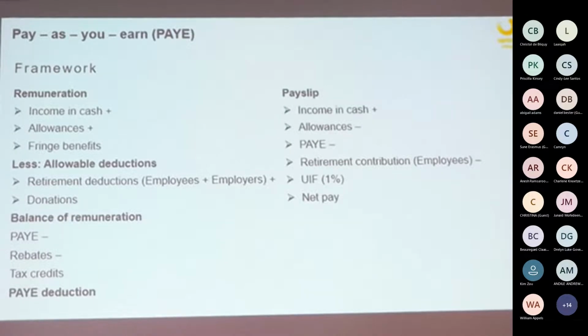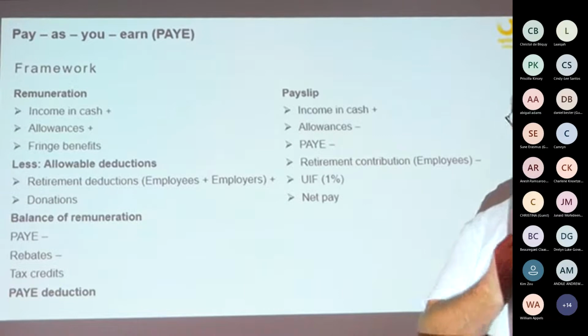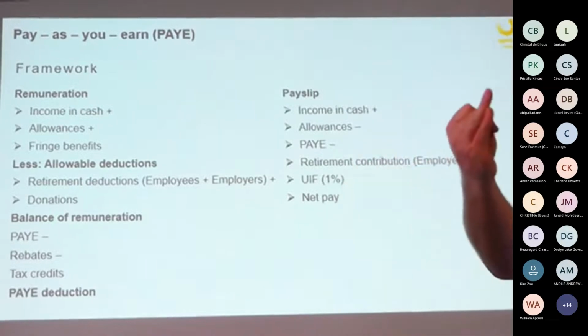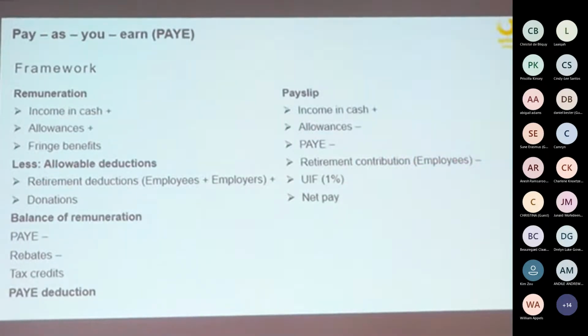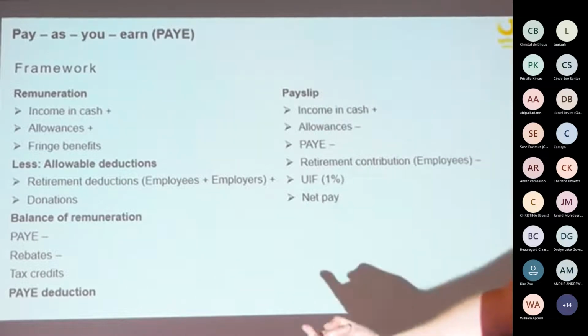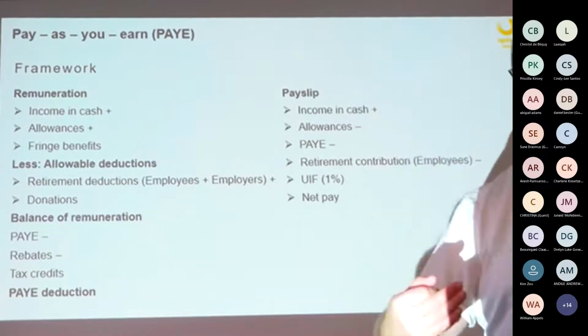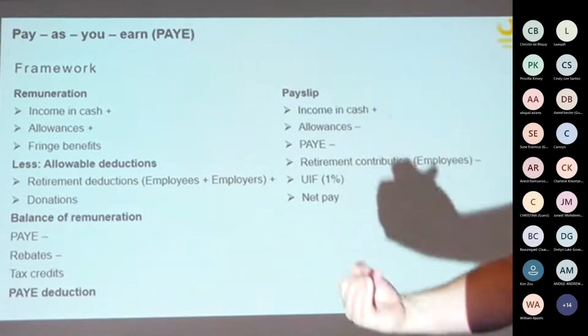That is what I mean by cash. If I get an allowance of 500 rand for a cell phone, then I am expected by the employer to have a cell phone contract and to use that 500 rand for that. So let's say, for instance, you get a medical aid allowance. You are expected to use that allowance toward a medical aid.